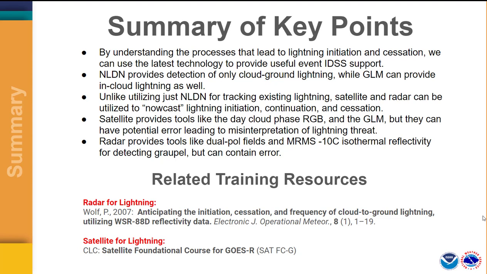Satellite provides tools like the day cloud phase RGB and the GLM, but they can have potential error leading to misinterpretation of lightning threat. Radar provides tools like dual pole fields and MRMS -10°C isothermal reflectivity for detecting grapple, leading to separation of charges, a precursor to lightning, but these datasets also can contain error.